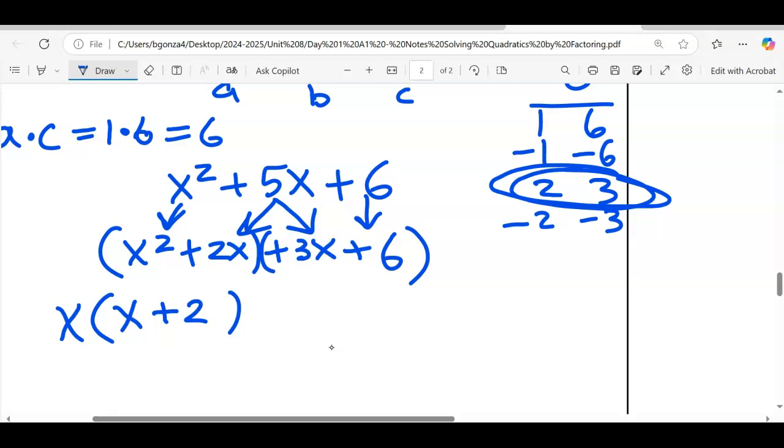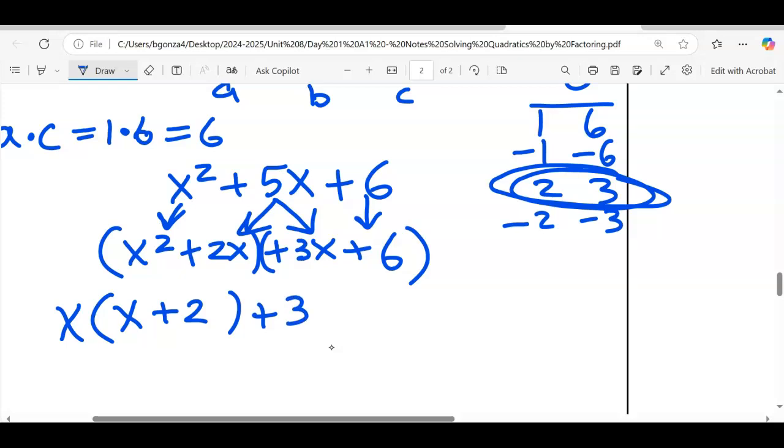Okay. Now let's factor 3x plus 6, this one. What goes into 3 and 6? 3 goes into itself, 3 goes into 6. So 3 goes into 3 and 6, so go ahead and put a positive or plus 3.